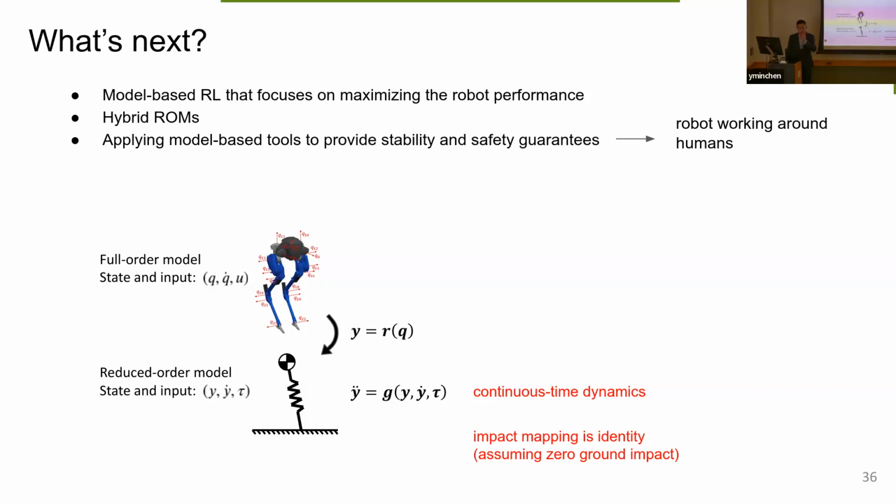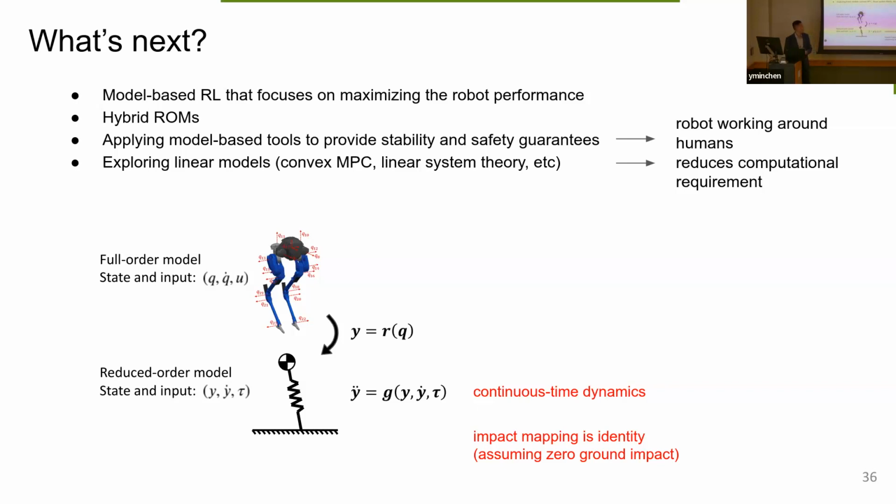And the third is it'll be interesting to apply the stability and safety guaranteeing tools to the high performance model that we just derived. If we want to have humanoid robots work around humans, we do not just want the robot to be safe by itself, but also we don't want it to do something unexpected to hurt the humans around.